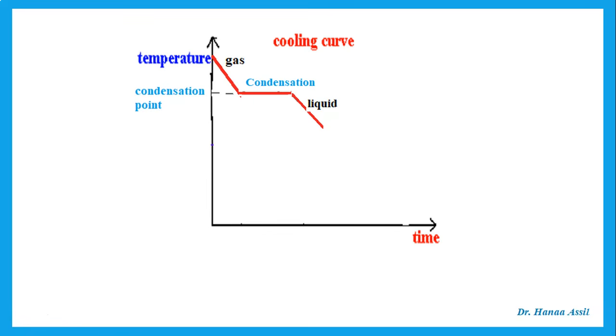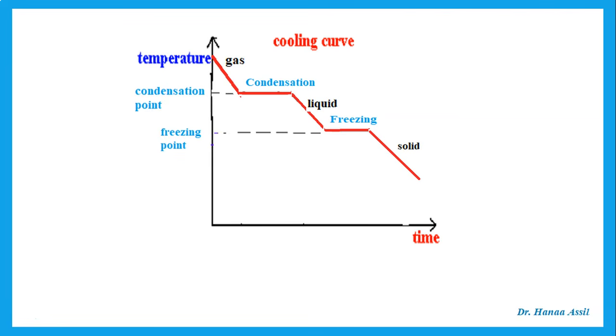Until all of it has become liquid, I continue to cool, so the temperature of the liquid will go down until we reach what? The freezing point. At a certain temperature, it will start to freeze. While it is freezing, the temperature remains constant until all of it has become a solid. Then the temperature will start to decrease.